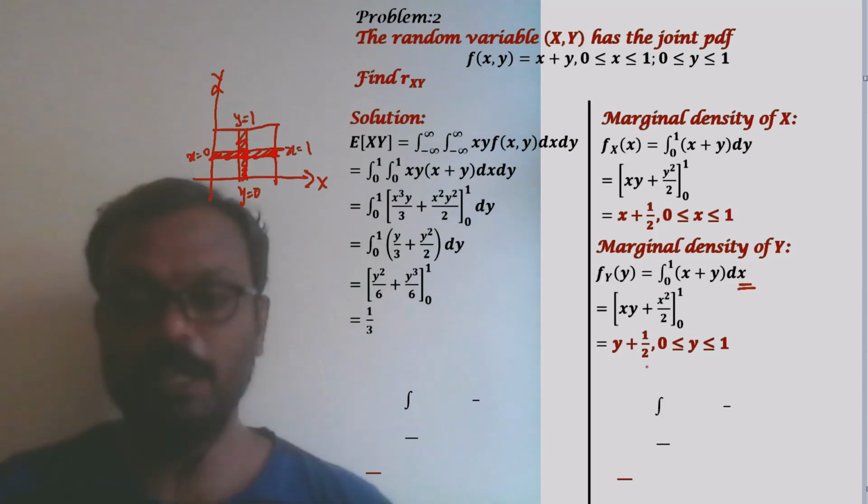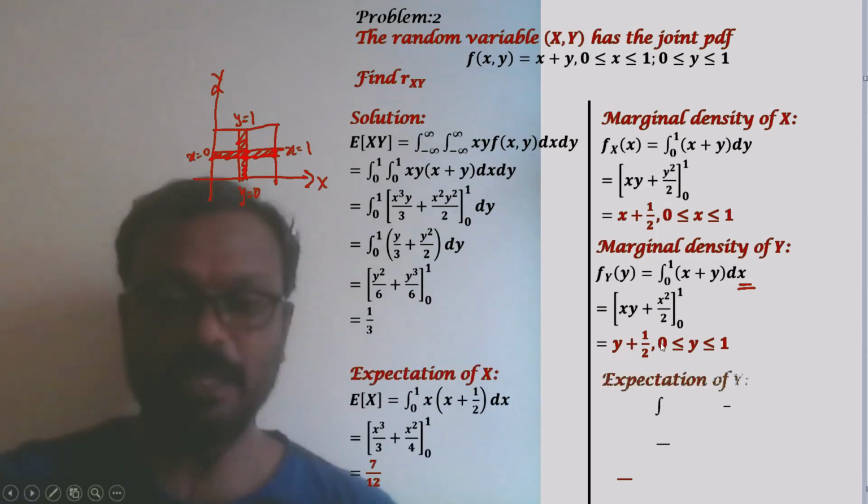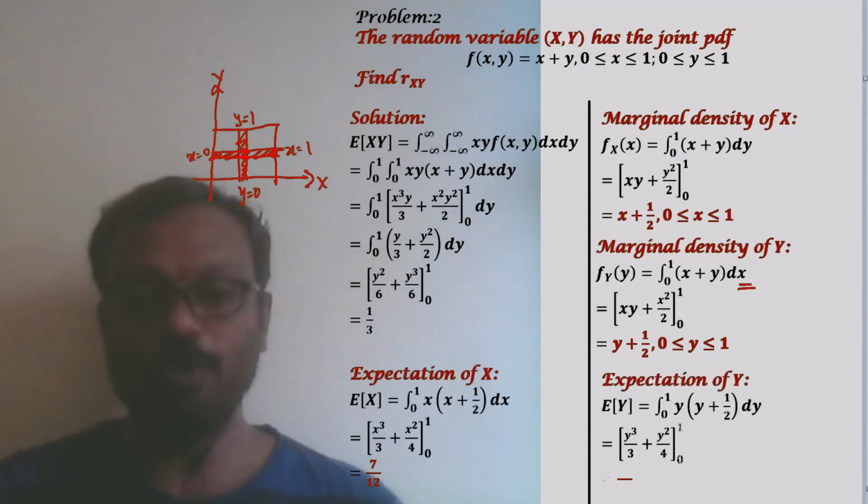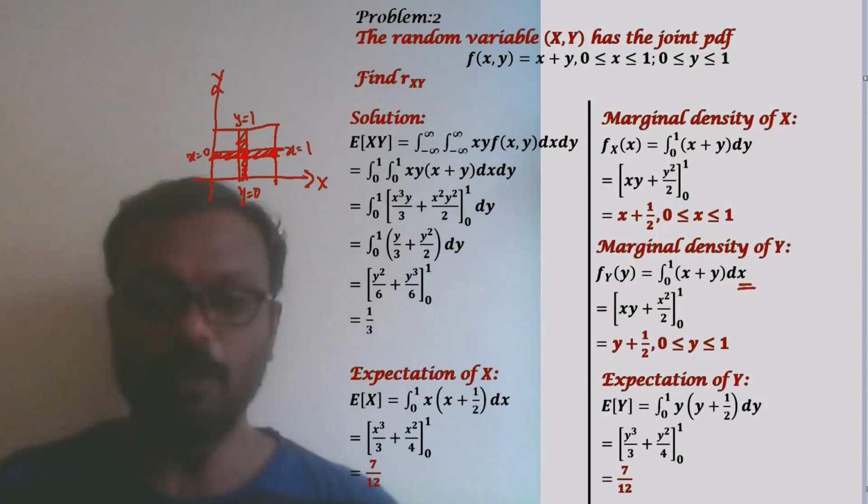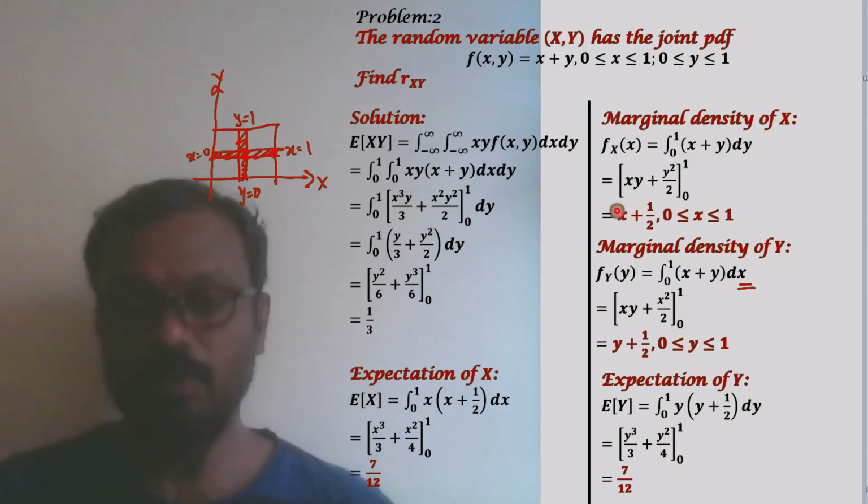And then we go for the expectation of x. It is nothing but x into marginal density of x. We got the marginal density to be x plus 1 by 2, just now we have evaluated. So the marginal density is x plus 1 by 2. So it is x into marginal density, and on evaluating the integral we get 7 by 12.